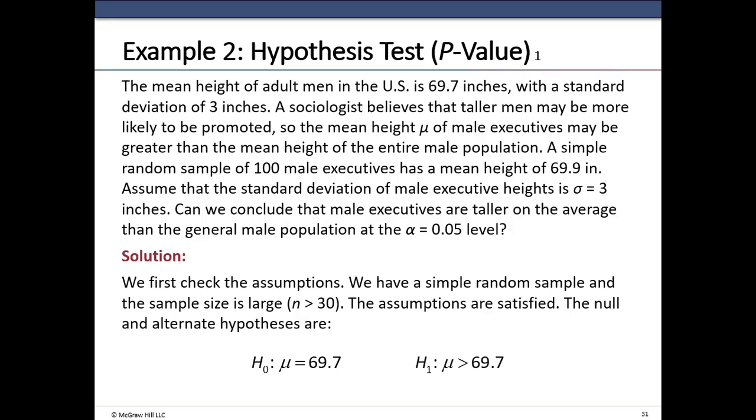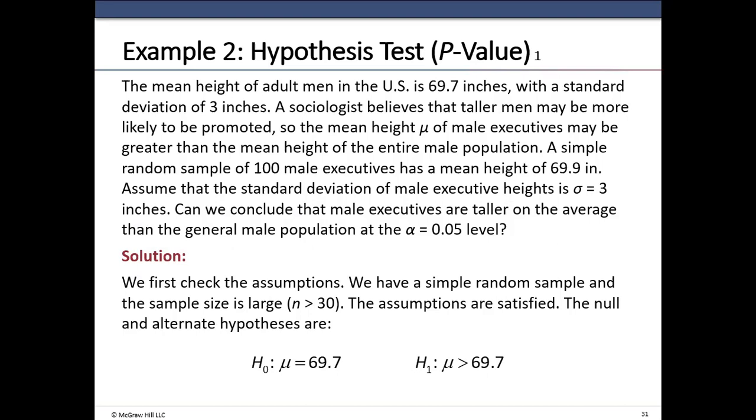Assume that the standard deviation of male executive heights is sigma equal to 3. Can we conclude that the male executives are taller on the average than the general population at alpha equal to 0.05? So the null hypothesis is mu equal to 69.7 and the alternate is mu greater than 69.7.